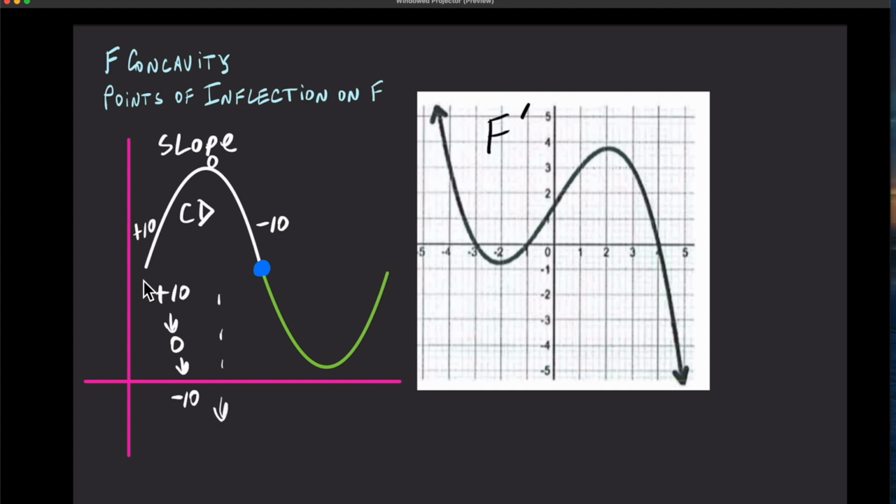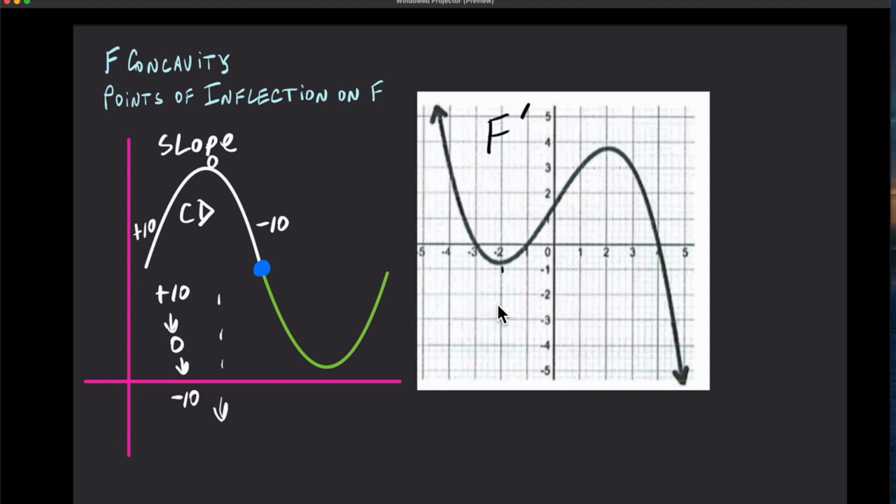If the slope of the graph of f is decreasing, what's happening to the y value on f prime? It is decreasing. So any concave down portion of a graph is going to correspond with a decreasing portion of f prime.